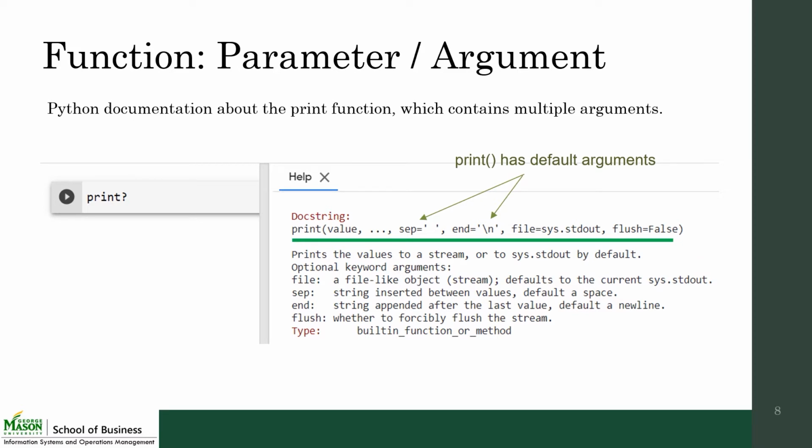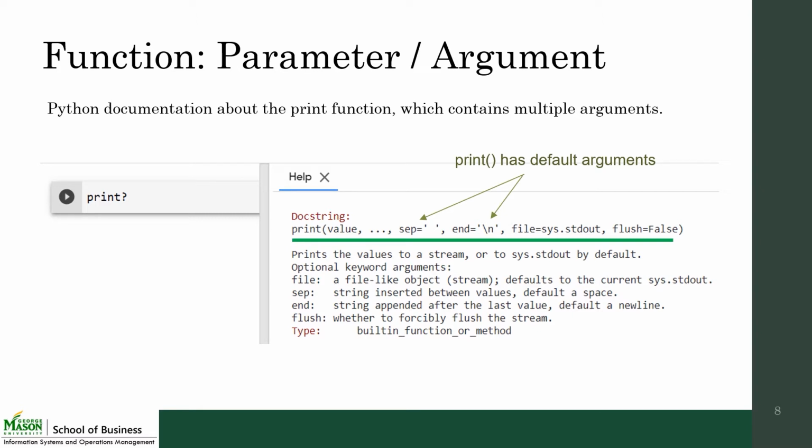So for example, the print function contains different parameters. You can find those parameters using the Python documentation features such as the help function or use the question mark after the word print.